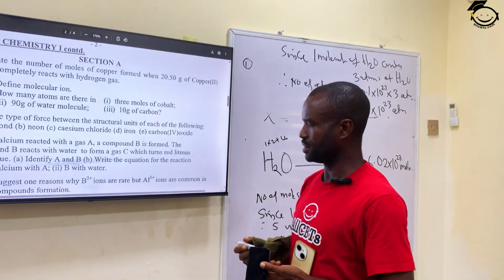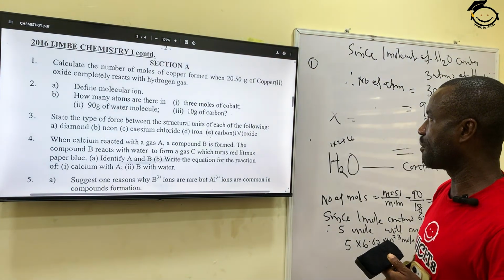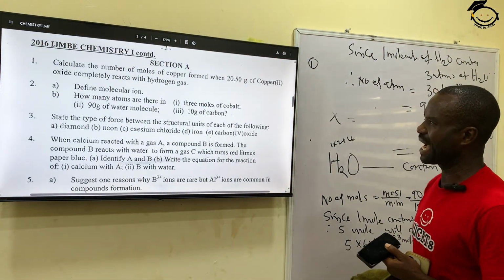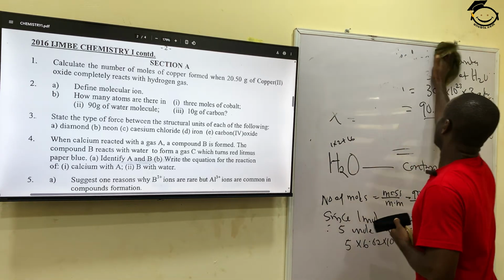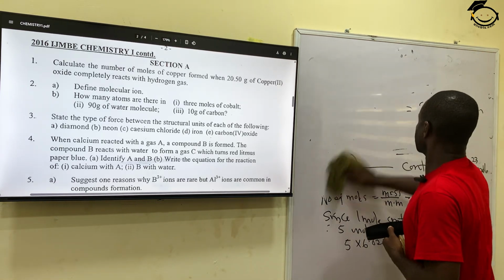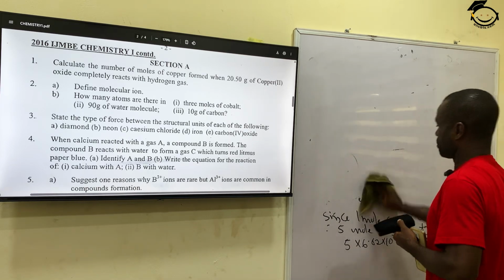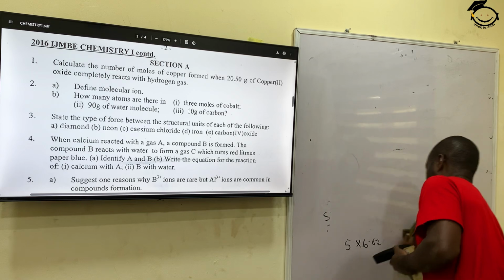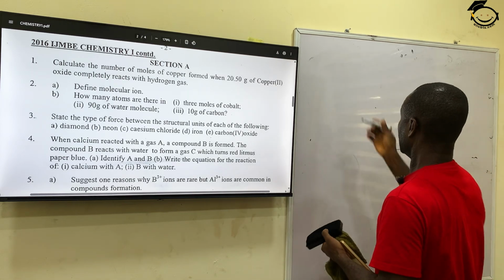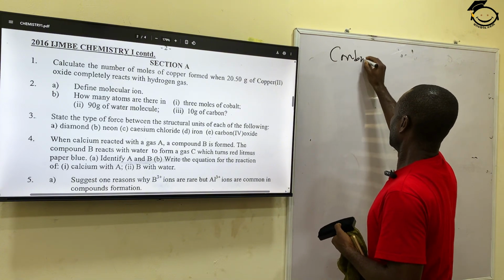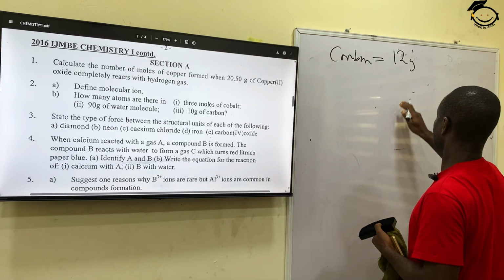Question 2b3 says 10 grams of carbon. How many atoms are there in 10 grams of carbon? The same way, 1 mole of carbon contains elementary particles, which is 6.02 times 10 raised to the power 23. Carbon has the relative atomic mass to be 12.